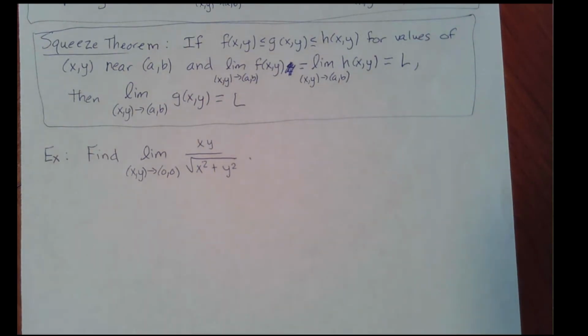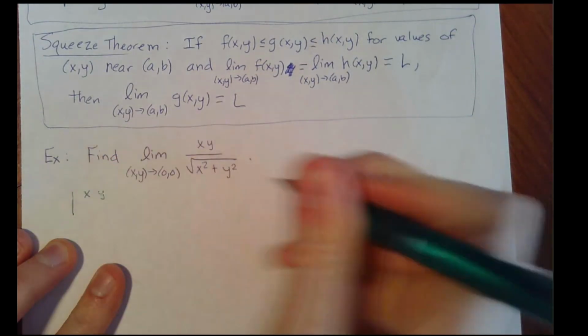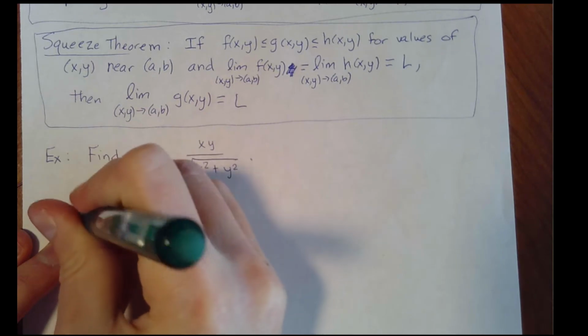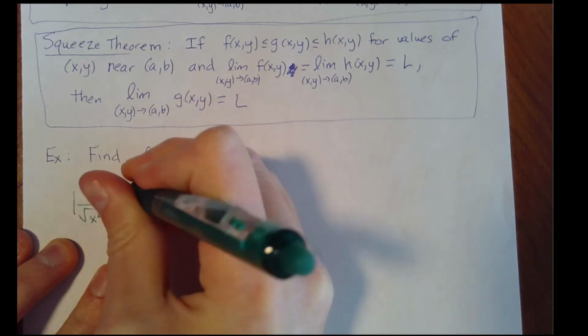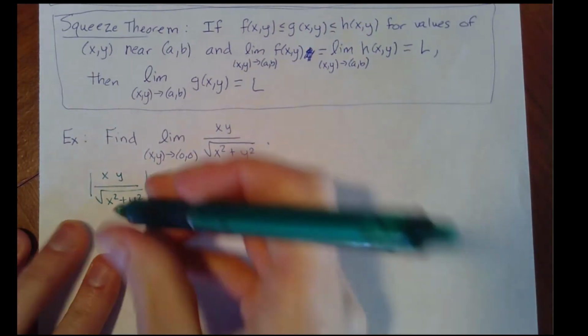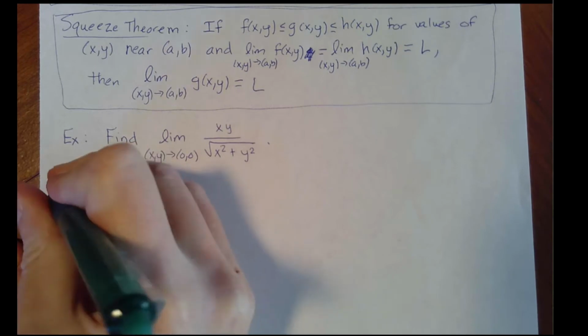I'm going to start by looking at the absolute value of this function, so I'm going to take the absolute value of the whole thing. First of all, I know that this is greater than or equal to 0.